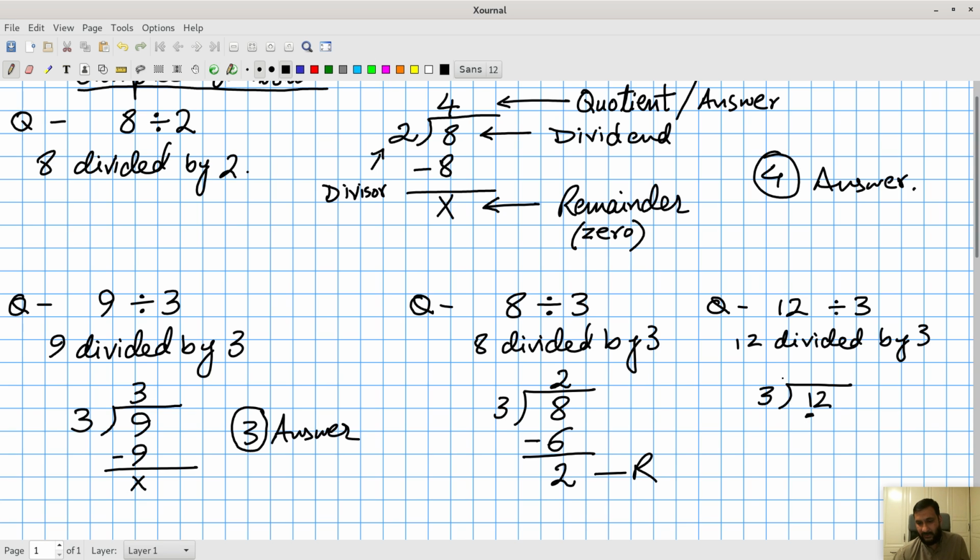The correct, or formal, way to do it is that once the number is insufficient, as this one here is, we join the next digit with this number and consider it a new number to be divided by the divisor, which is 3.